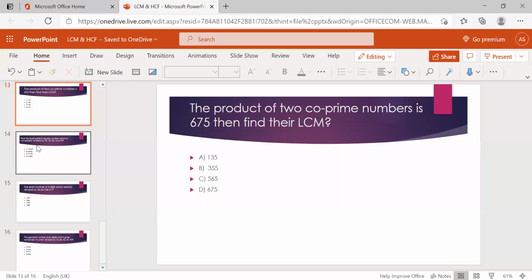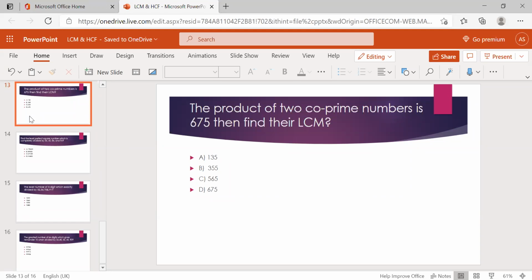So we already discussed a few points before. 675. How? No need to think anything. Here they said the product of two co-prime numbers is 675. For co-prime numbers the HCF is 1, right?